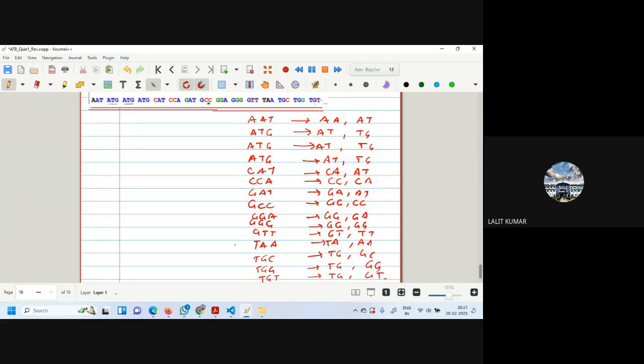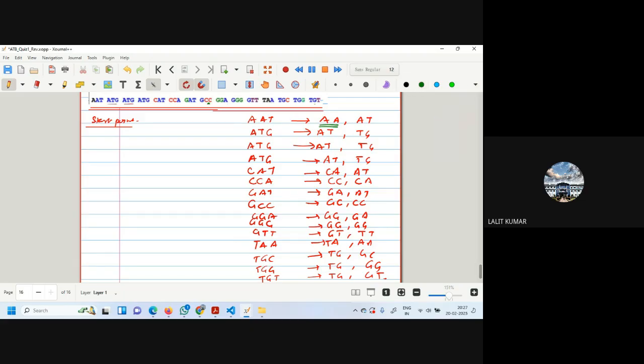So what do we do? First of all, we try to find the start point. For the start point, we look for prefixes which should not be there in the suffixes. So this is double A, and if we see here, the double A is here.